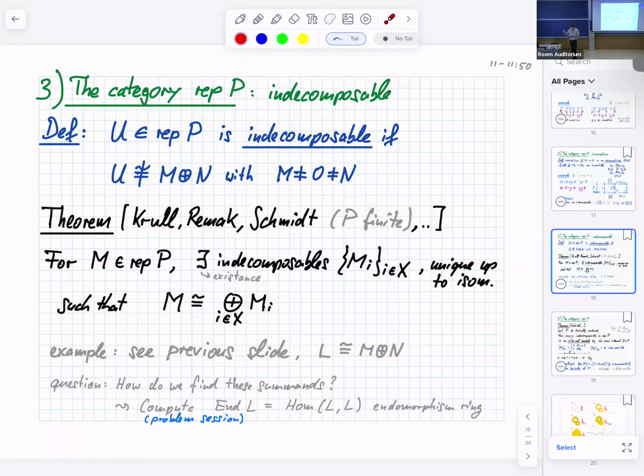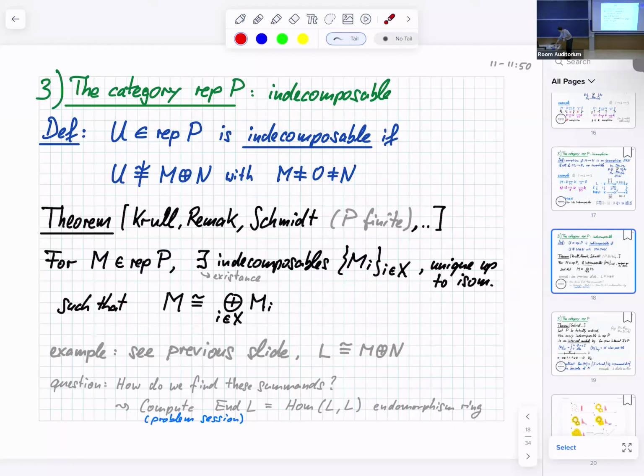But really, up to isomorphism, my module is uniquely determined by which indecomposables it is made up of. This is like a unique factorization theorem for natural numbers. Yeah, I mean, the decomposition into indecomposable summands is unique up to isomorphism.